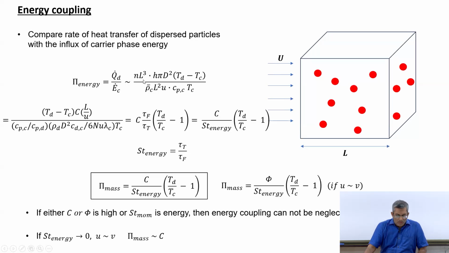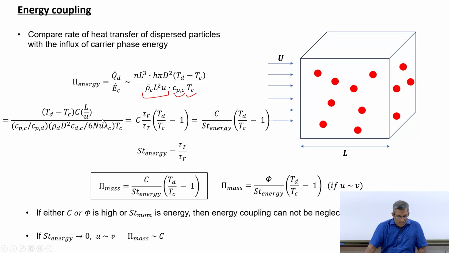So this is equal to h A delta T, temperature of particle minus temperature of carrier phase, times the total number of particles, divided by the mass flow rate of the carrier phase times C_p T. Okay.